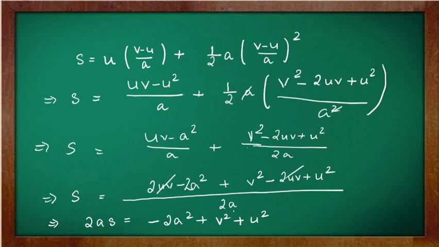So now the next step will be here, this one was 2u square and this one was u square. So minus 2u square plus u square.